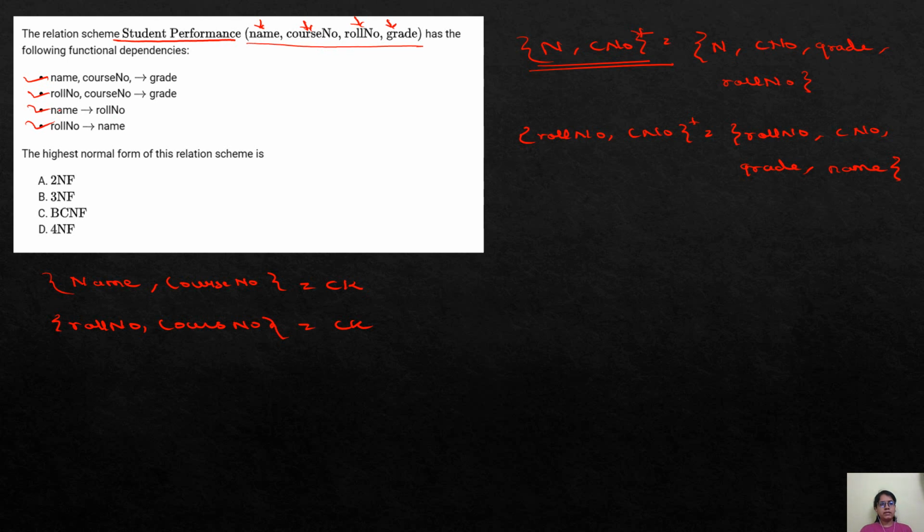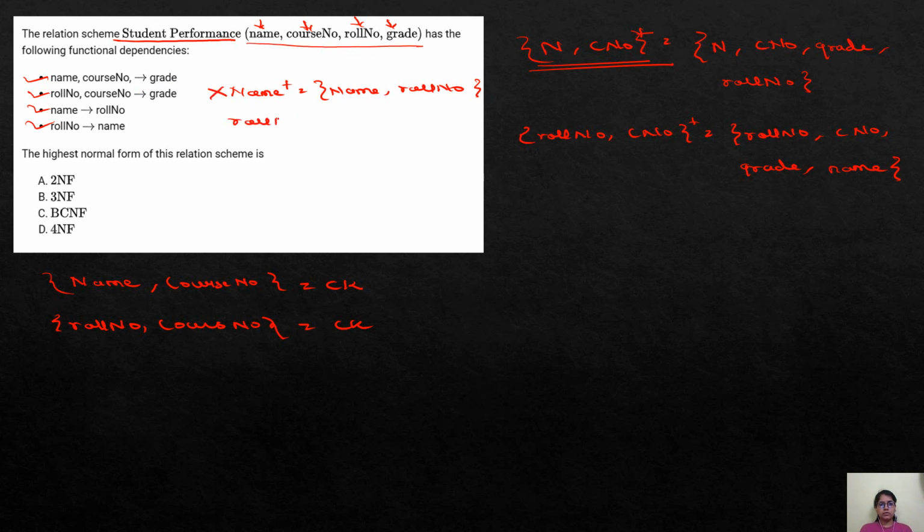Let's quickly check whether name alone can derive all the attributes. If it does, then name is also a candidate key. If we take the attribute closure of name, it will be name, roll number, and from this we cannot derive anything else. So this is not a candidate key.